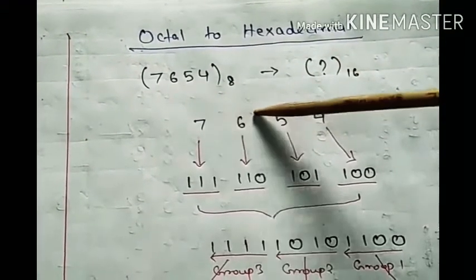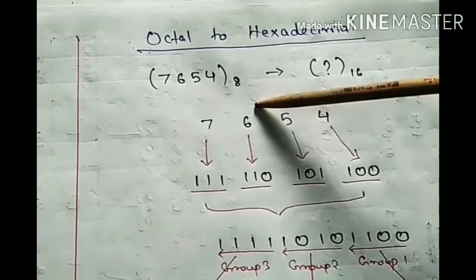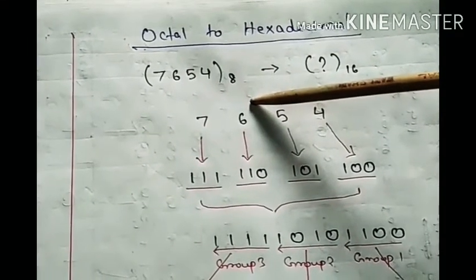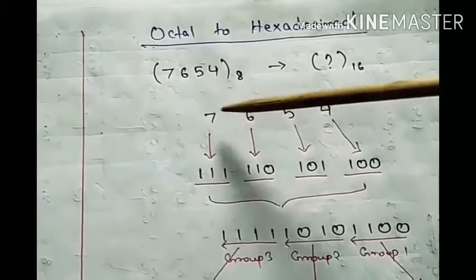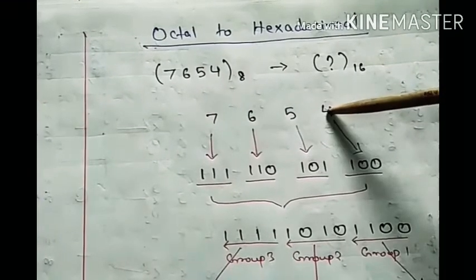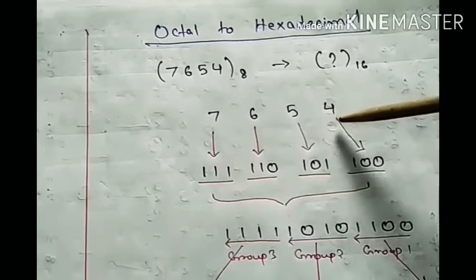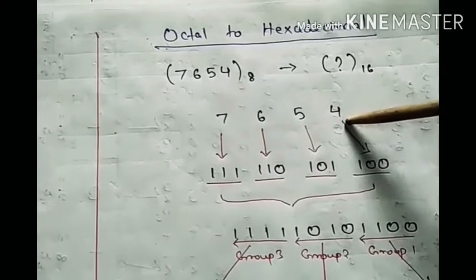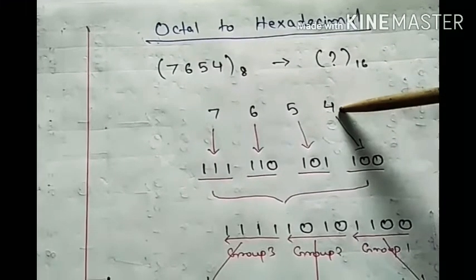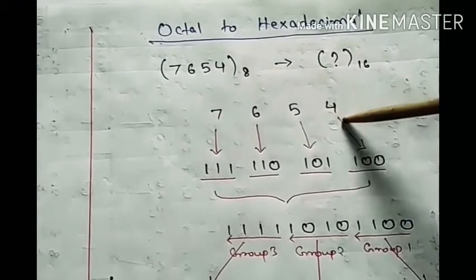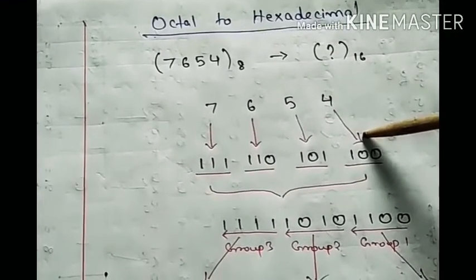So first convert the octal number into binary equivalent, but not as a whole. Separate digits of the octal number should be converted to binary. As you know, in the octal to binary conversion, each digit of the octal number should be converted to a 3-bit binary number.